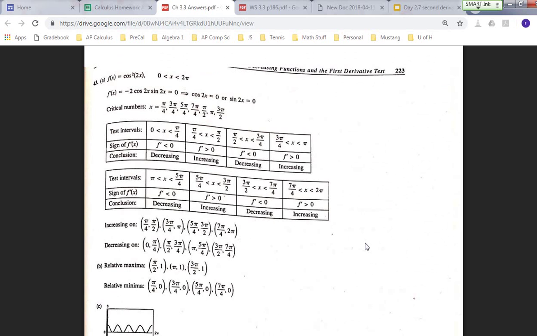So these first four right here are for cosine. So pi over 4, 3 pi over 4.